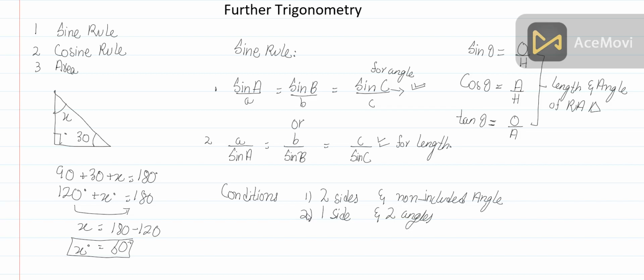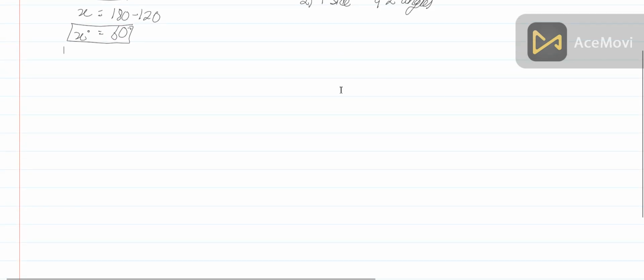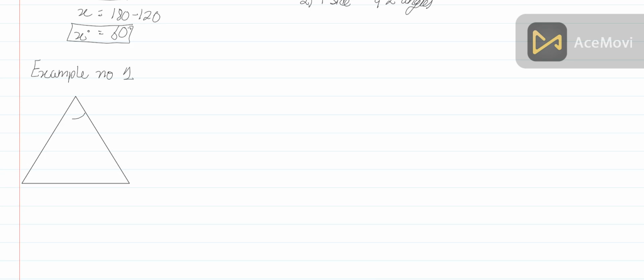Okay, so let's get started. Example number one. If a triangle is given to you like this, this is the triangle, and in this triangle these values are given to you: 20 degrees, 5 meters, and 6.5 meters.